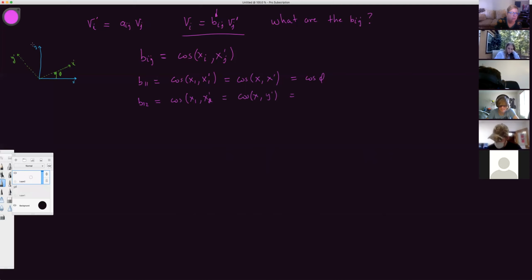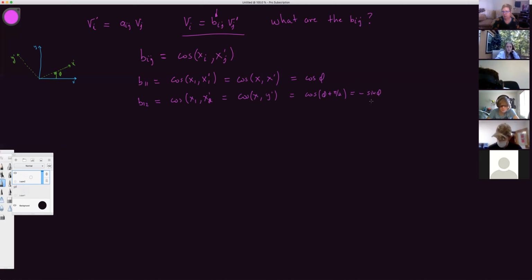So here's y prime, and you can see this is 90, so it's phi plus 90. You buy that? Cosine of phi plus pi over 2, and that's minus sine like we had before.